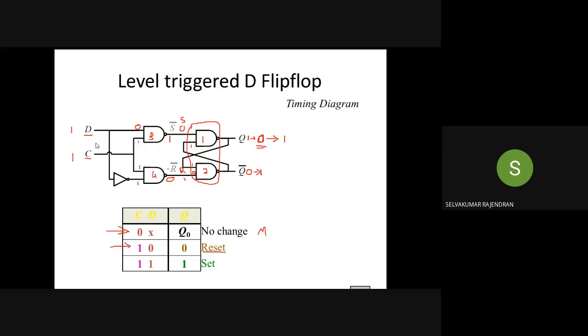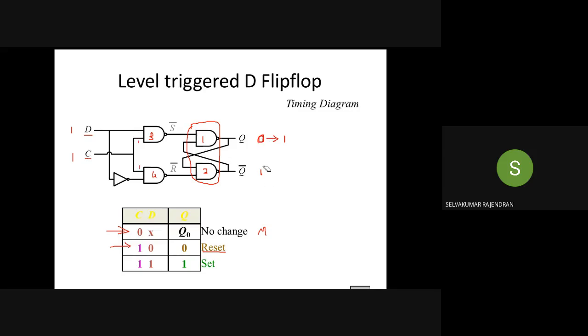Okay, how? You can observe the operation. So we will take 0 as the previous state, 1 as the Q bar previous state values.